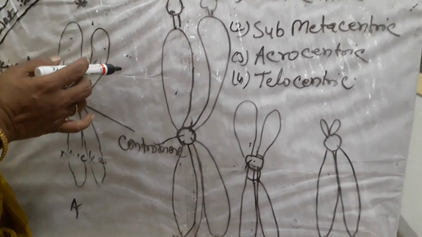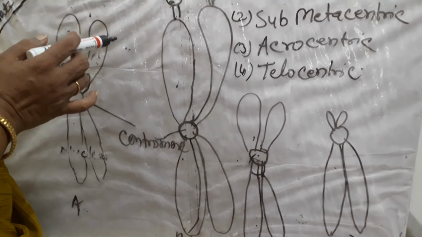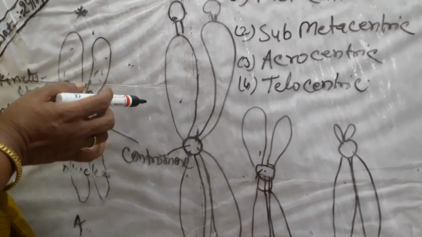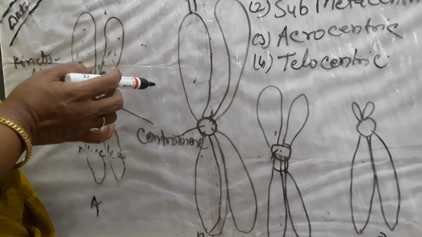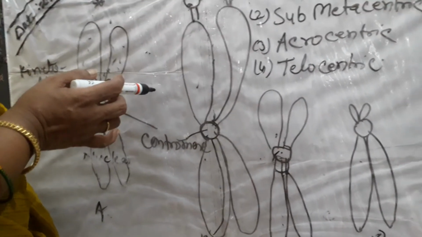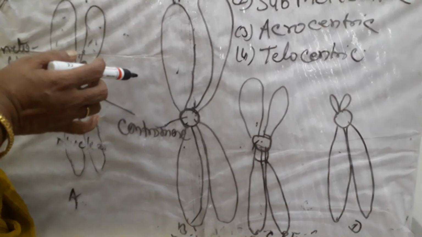Sometimes a few chromosomes have non-staining secondary constrictions at constant locations. This gives the appearance of a small fragment called the satellite.